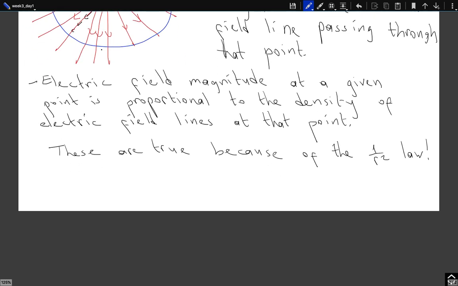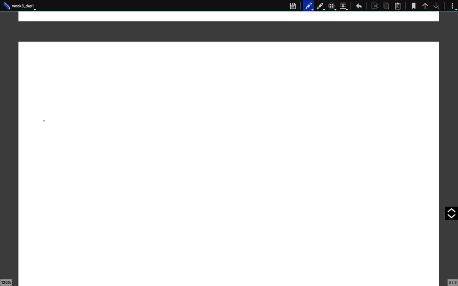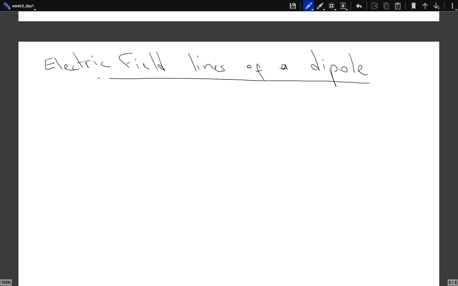Now, let's do an example. We already looked at the dipole. Electric field lines of a dipole. So here we have a plus q charge. Here we have a minus q charge.